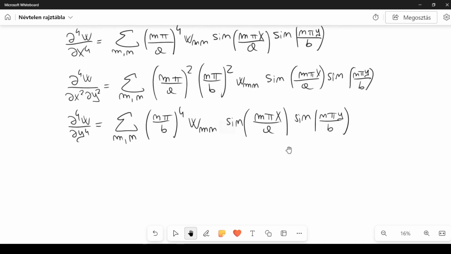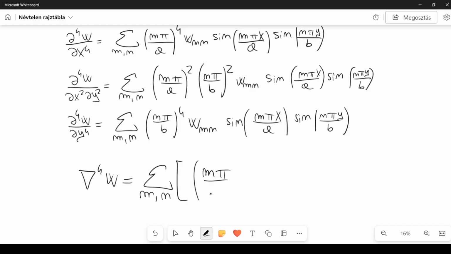So from this, we can see quite easily that we get nabla to the 4 w equal to the summation over m over n. We have m pi over a to the 4. Then we get this multiplied by 2. Remember, because there is a coefficient of 2 here. So we get plus 2 times this.